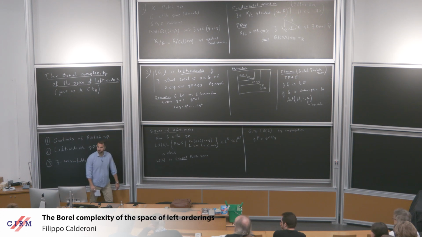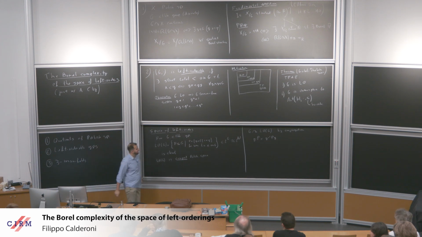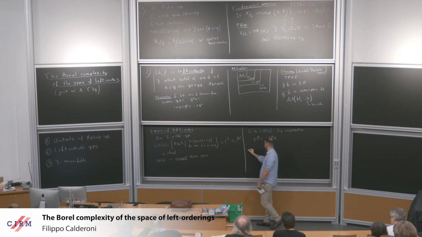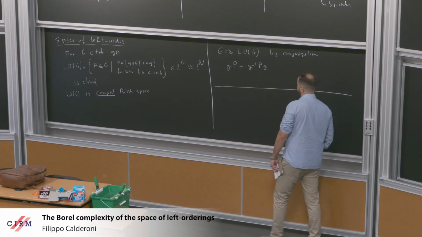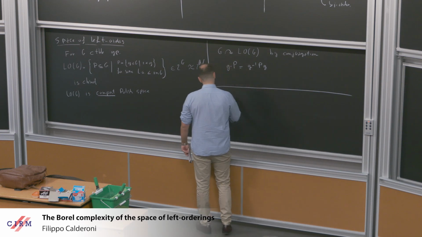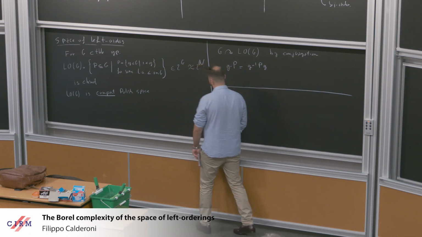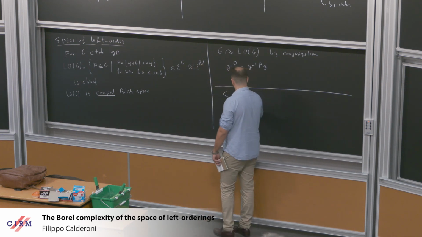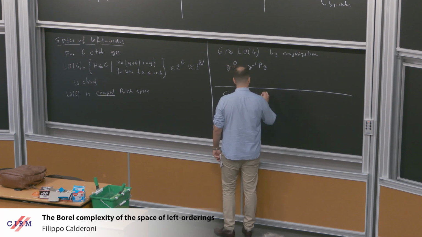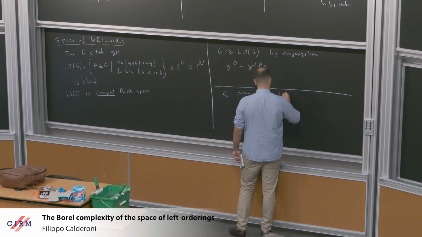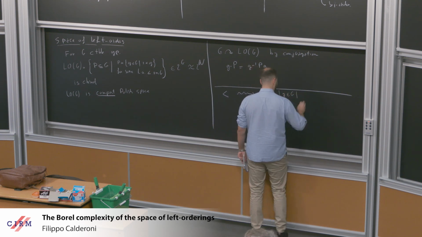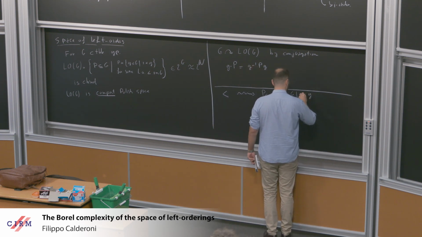Does the positive cone uniquely detect the order, or can you have two orders? Yes, this is a good question. Let me write this because it may clarify the main picture. Every time we have a left ordering, we can identify it with a positive cone, which is the set of positive elements of the group.